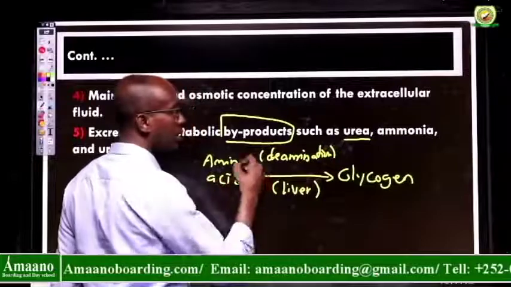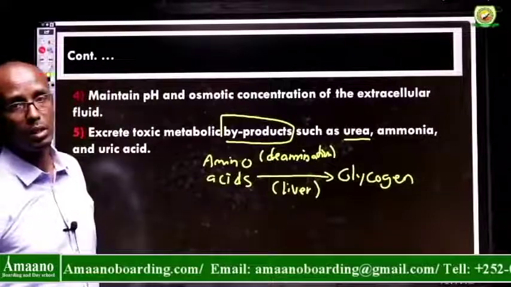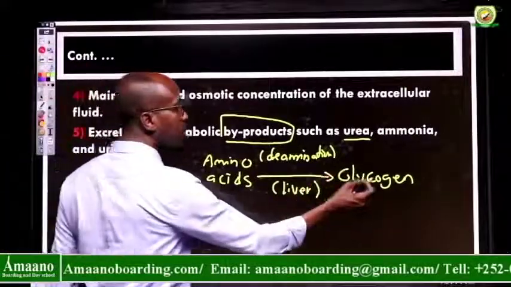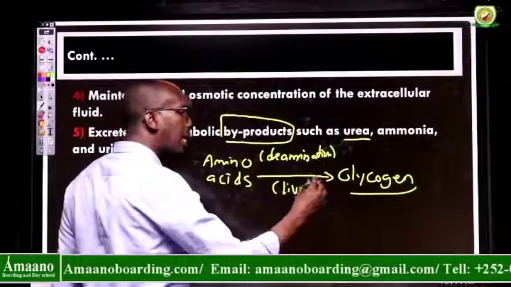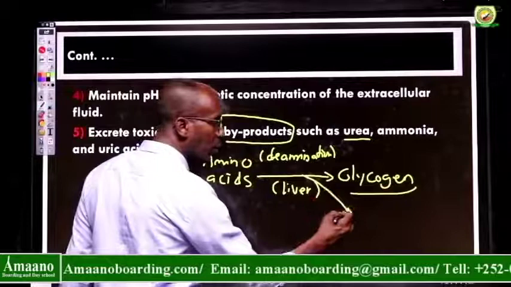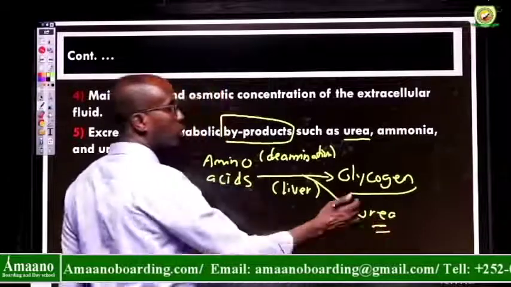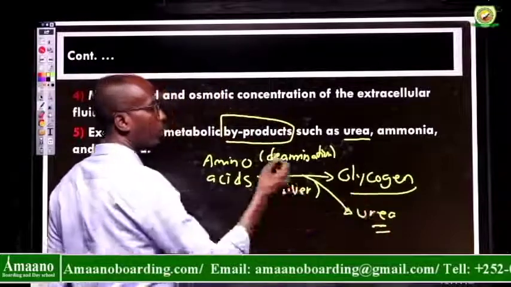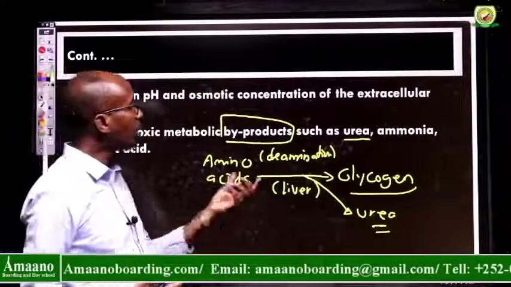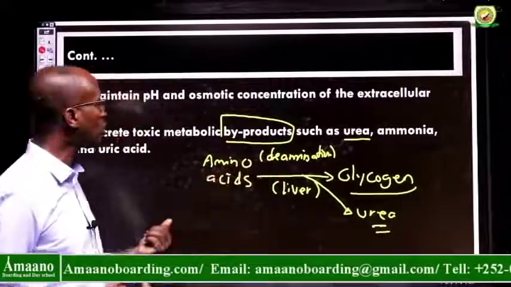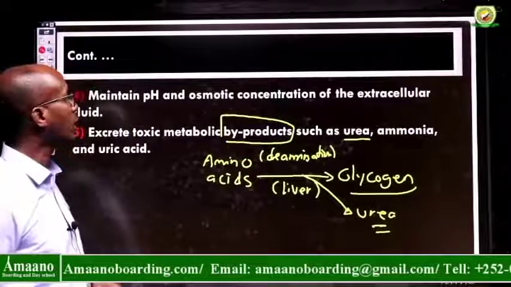When excess amino acids are being converted into glycogen, amine groups must be removed from the amino acids. So glycogen is the product we need. But there is another product which we don't need, which is urea. This is why it's called a byproduct, because we don't need it. The main reason why deamination happens is not to get urea, it's to get glycogen.